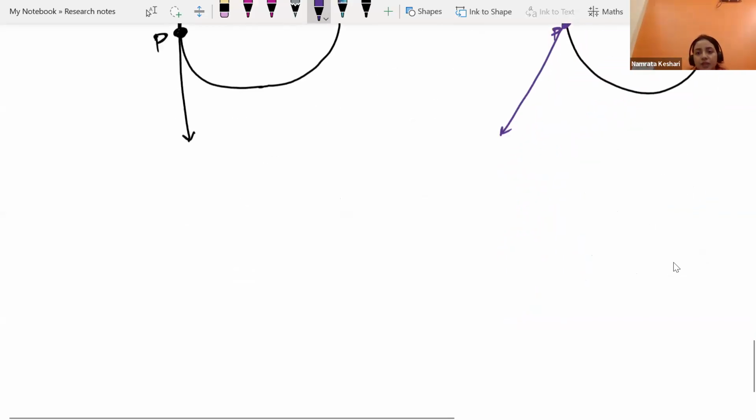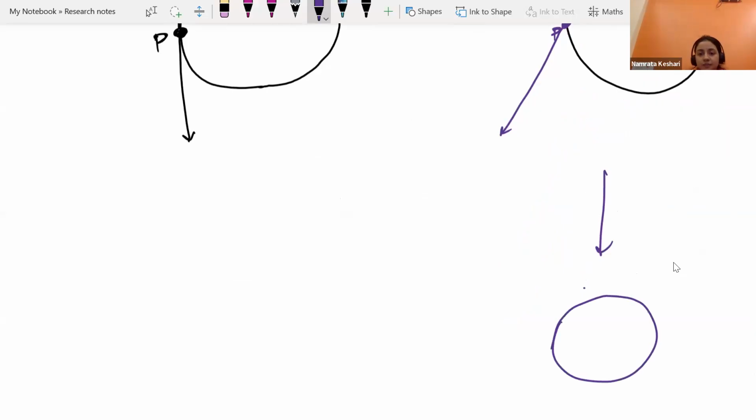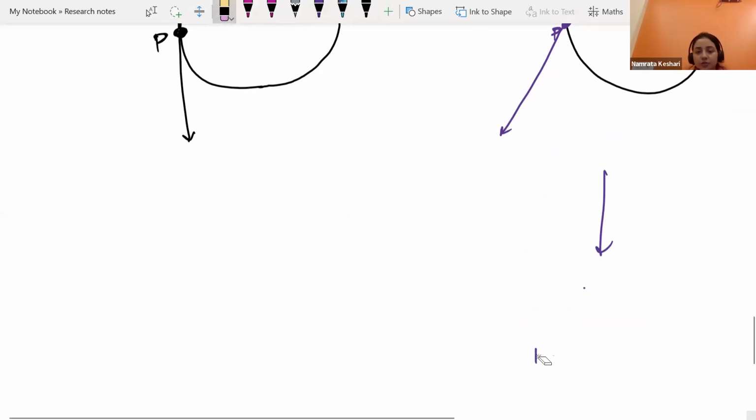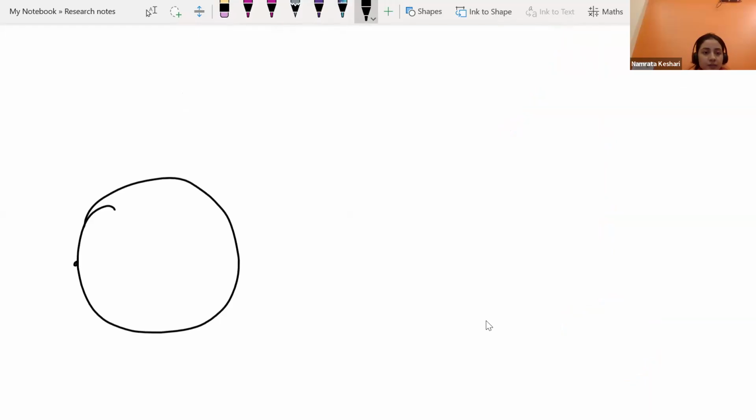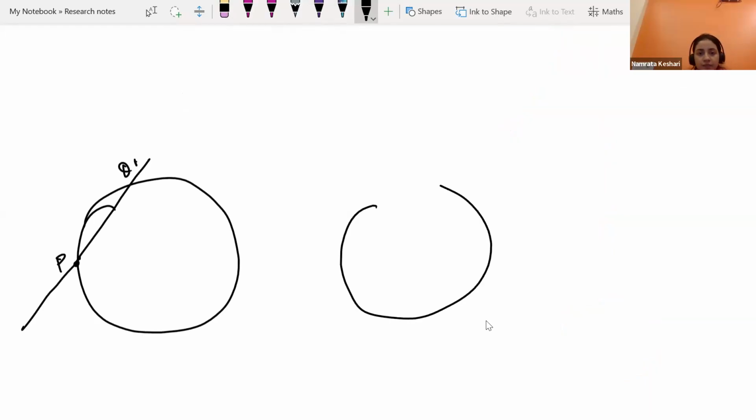Or maybe it can also look like this. I wanted to draw all in one row so that it will make sense to you. Let me draw it first. It can look like this, Q1, or maybe can look like this.